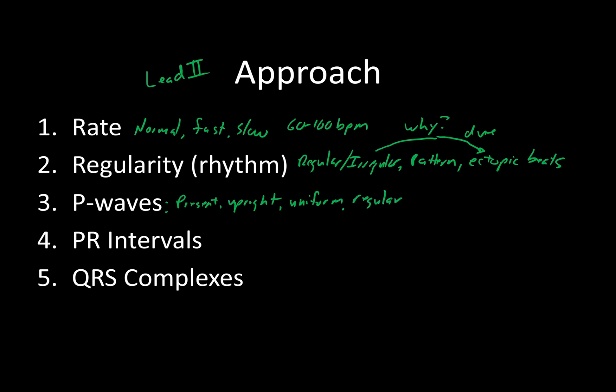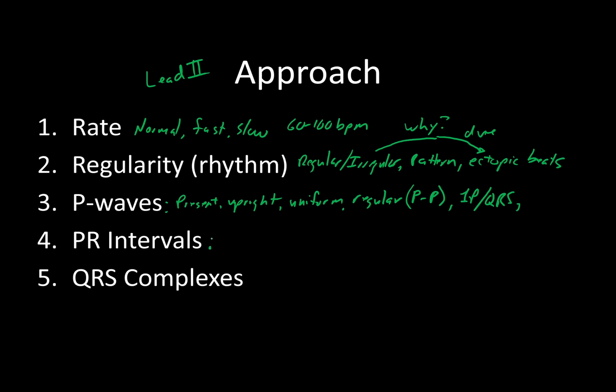What I mean by that is your P to P, the start of one P wave to the start of the next P wave, is that consistent throughout the entire strip, or does it change? Because that can be a sign of something that's going on. And is there one P wave for every QRS? Are there more P waves? Are you missing P waves? That's what you're trying to ascertain there. And that's essentially what you're looking for with the P waves.